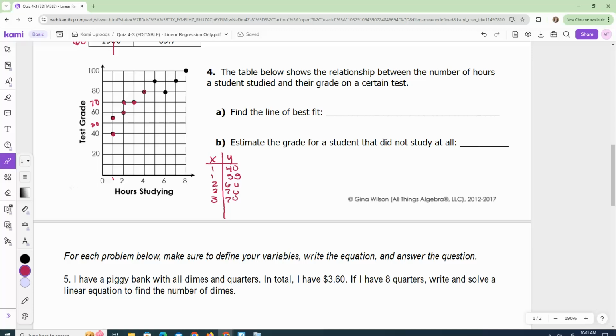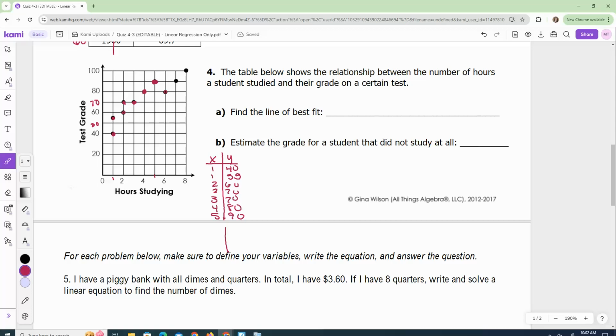Alright, Keaton, what's this point? Right here. 80. And the x is 4. Alright, Jetta, what's this one? This point right here, what would that be? And the x would be 5.